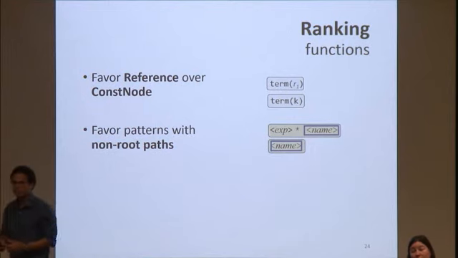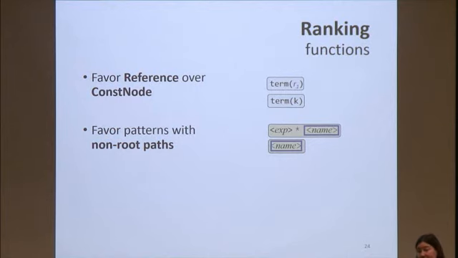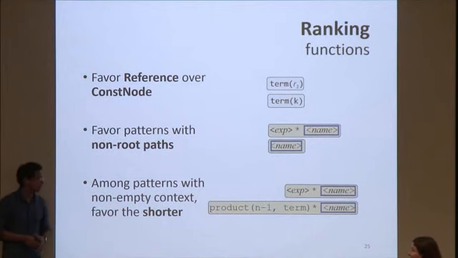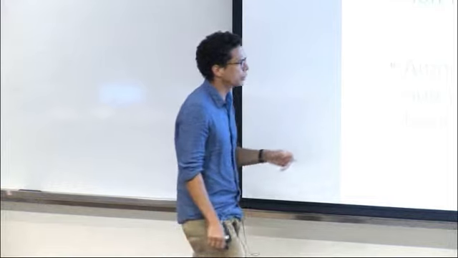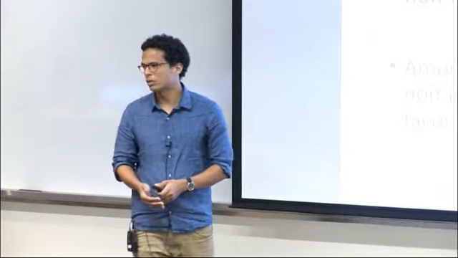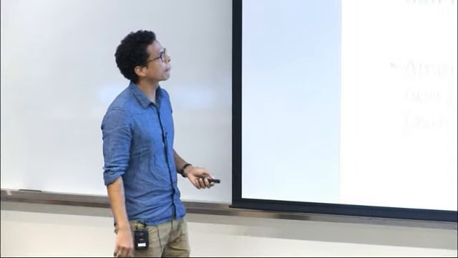If the path starts in the root, this may be too general, so we want to learn some context to select the node in the locations. But we also don't want to generate very specific patterns. So usually, among the patterns with no empty context, we favor the shortest ones. It's a little bit conflicting, but we try to generate something not too general or too specific.